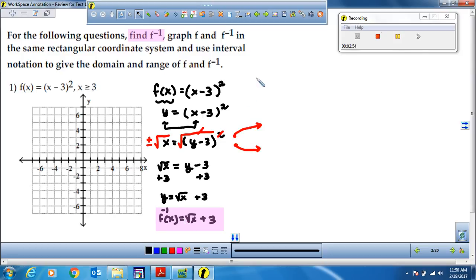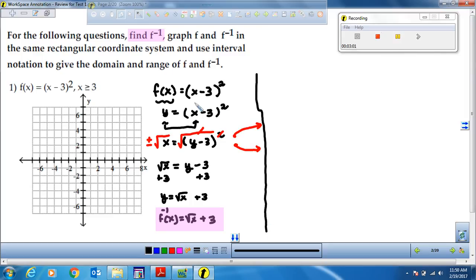So the next thing we're going to do is graph the function f of x and its inverse. So we're going to start by creating a table of values for the function f of x. And according to this function, there's a restriction, that all of the values of x for this function must be greater than or equal to 3.